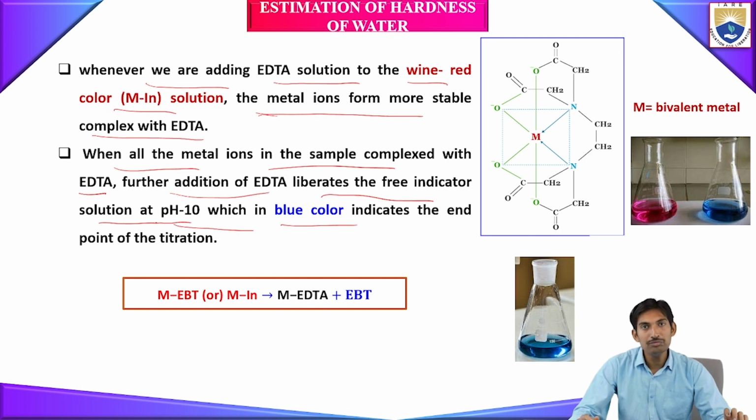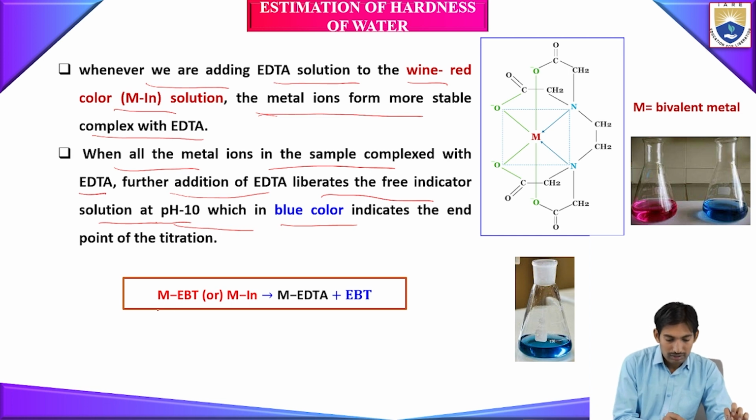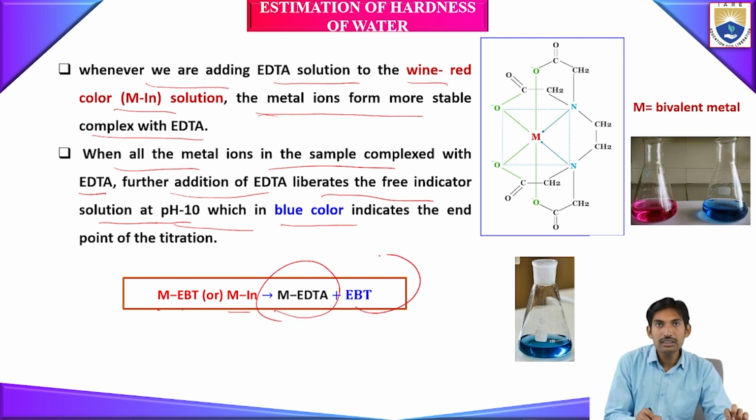Here the color changes from wine red to blue. The wine red color is due to the metal-EBT indicator complex, and the blue color indicates that after complexation the total EBT indicator is released, and at pH 10 the EBT indicator color is blue. See, the metal-EBT reacts with EDTA, forms the metal-EDTA complex and releases EBT.